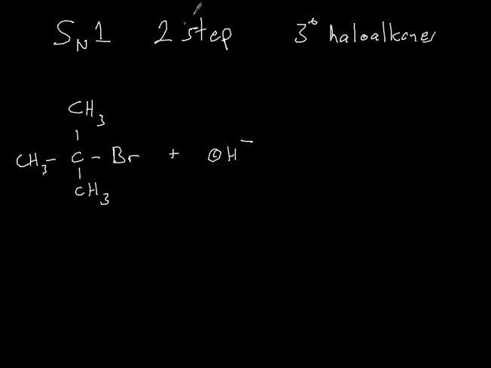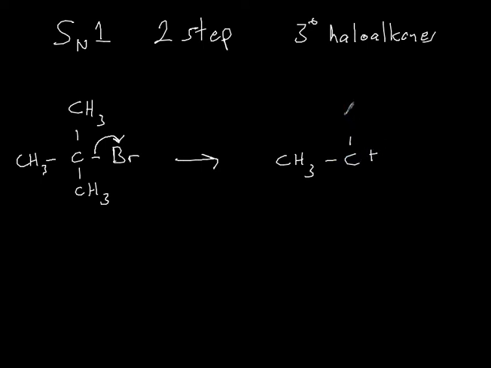So as an example, here's a tertiary bromoalkane, and we're going to add hydroxide to it. If you remember what happens, the electrons out of that bond go to the bromine.